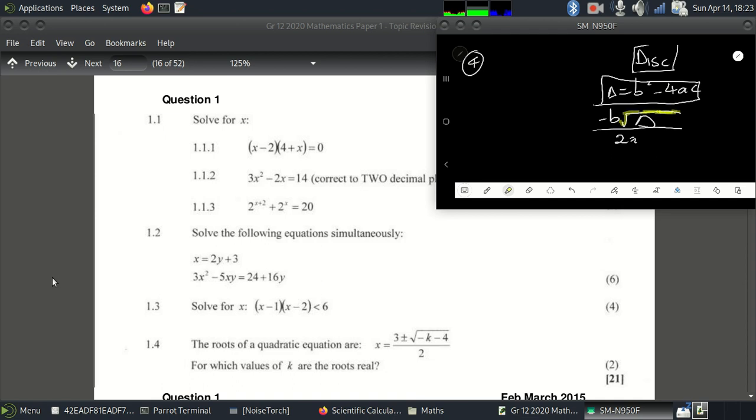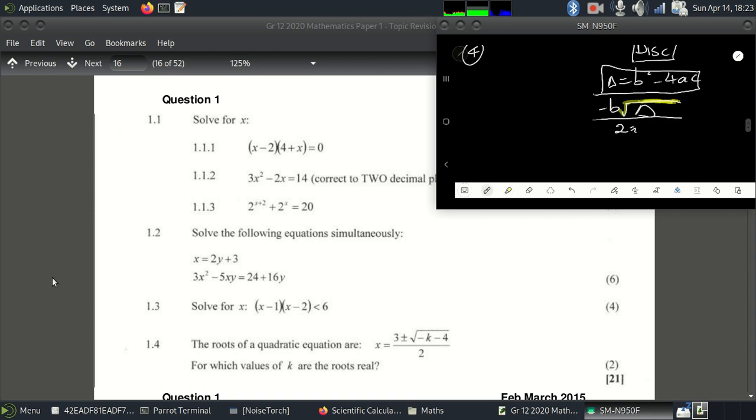The one thing you're not allowed to throw in under a root is a negative value. So if your discriminant was ever less than 0, then the values that you're going to get are unreal. However, if it was greater than 0, then perfect, you're going to get real roots.